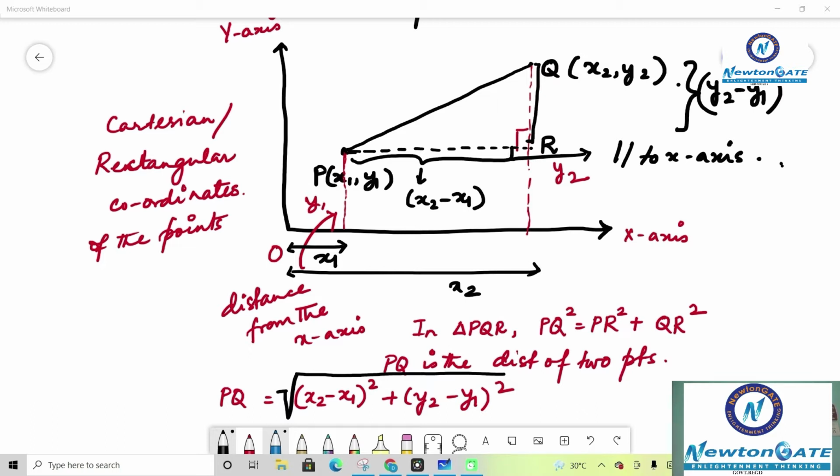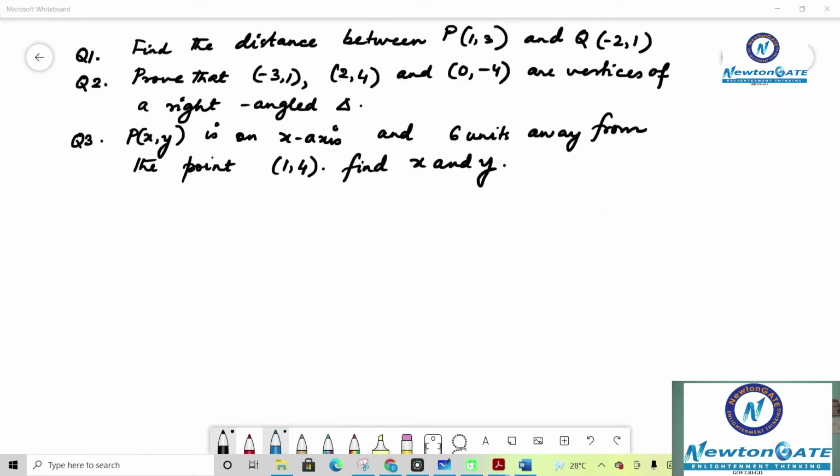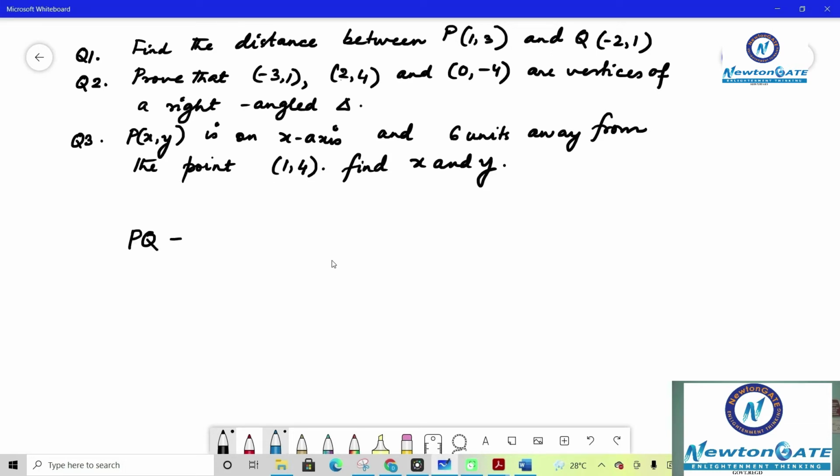Whenever we have 2 points given, this is how we are going to find out the distance between those 2 points. Now, let us quickly solve some sums on this very topic. Let us begin with the first sum. Find the distance between P(1, 3) and Q(-2, 1). According to the distance formula, PQ is equal to the square root of x2 minus x1 whole square plus y2 minus y1 whole square.